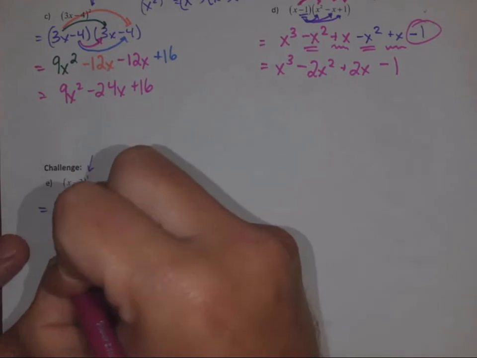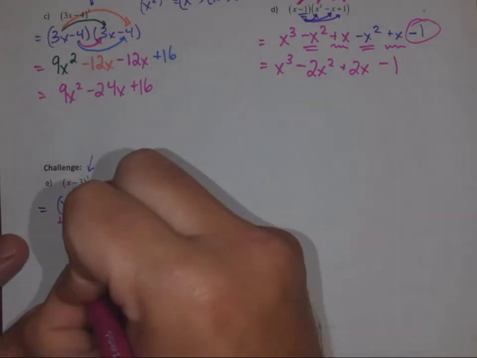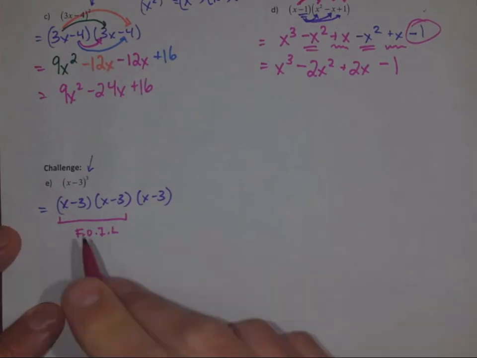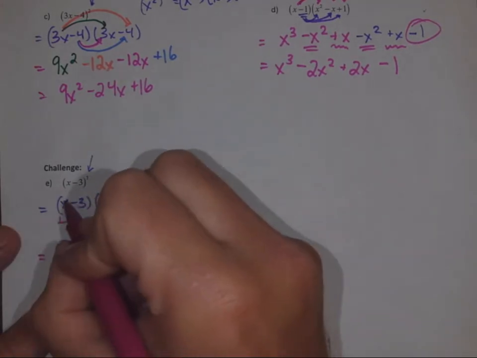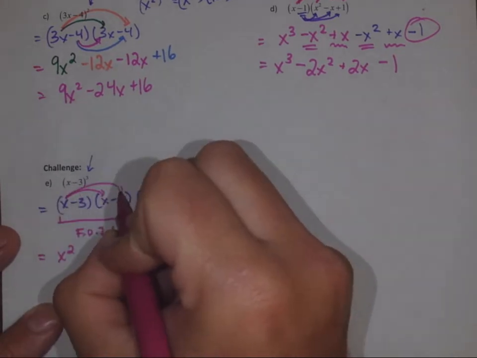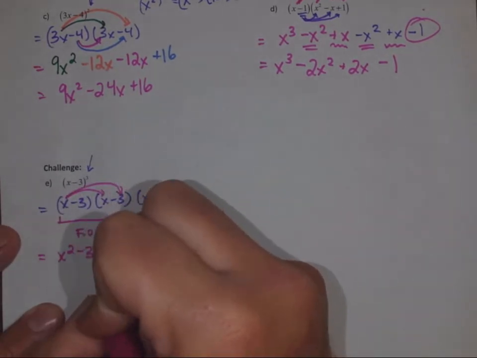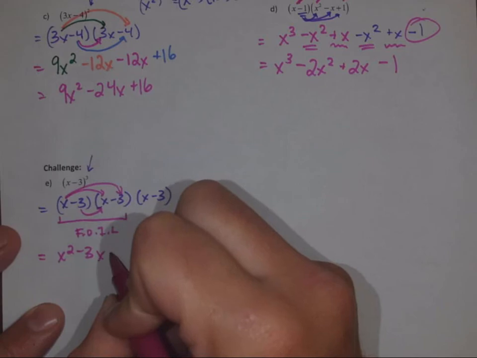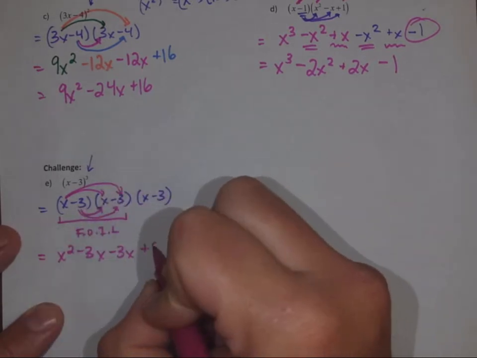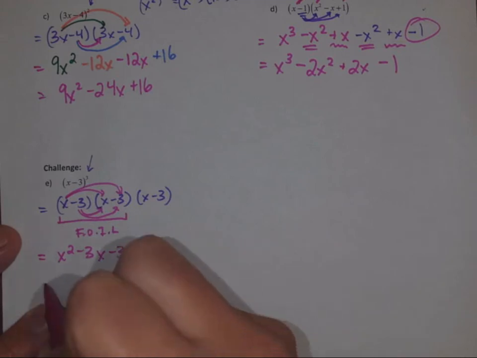We now might look and say, all right, let's attack this first. Let's FOIL this. That's a skill that we can do. So x times x, x squared, x times negative 3, negative 3x, negative 3 times x, negative 3x, negative 3 times negative 3 is positive 9. Let's collect like terms.